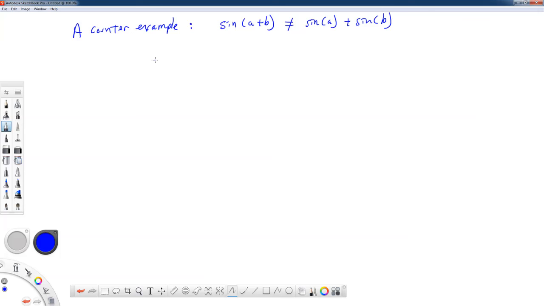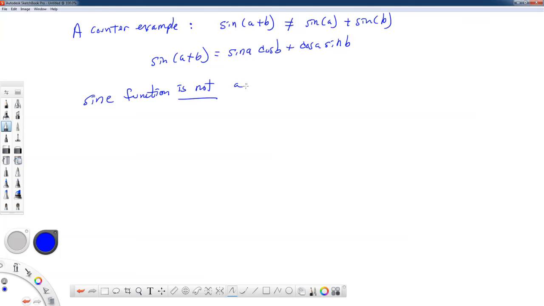In fact, sine of a plus b is equal to sine A cosine B plus cosine A sine B. And you can think of other things that are linear operators or not linear operators as well.